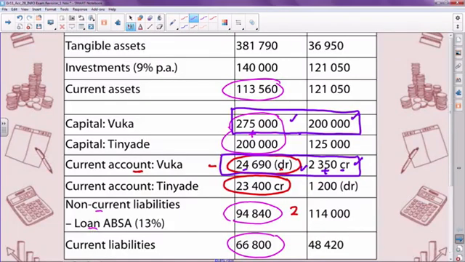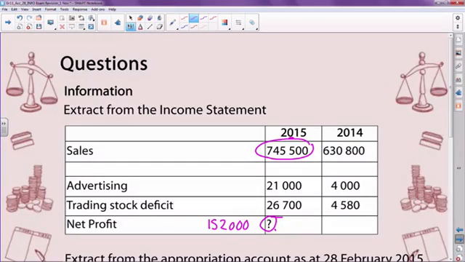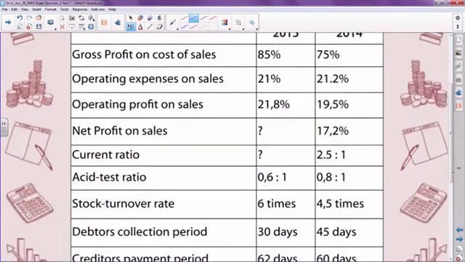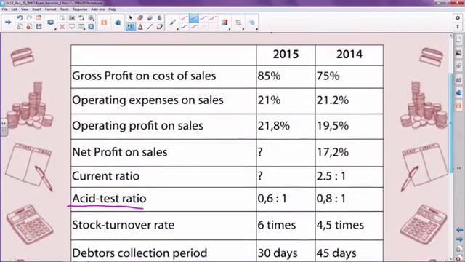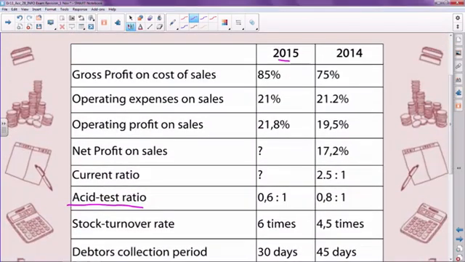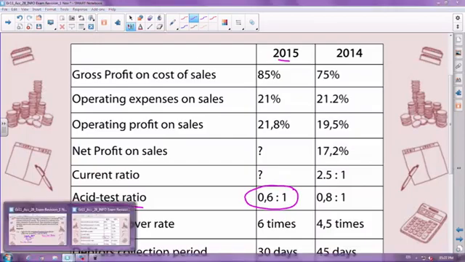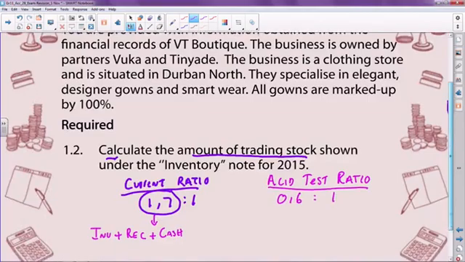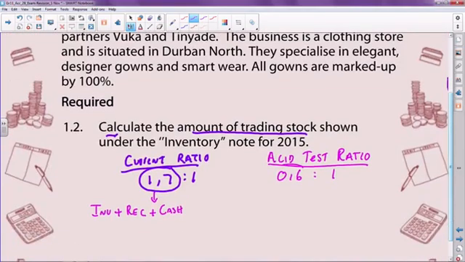So let's just look for the ratios that were given to us, the financial indicators. There we go. Right, so there we have our asset test ratio, 2015. Our asset test ratio is 0,6:1. So I just want to take that information to my answer sheet. So asset test ratio 0,6:1.